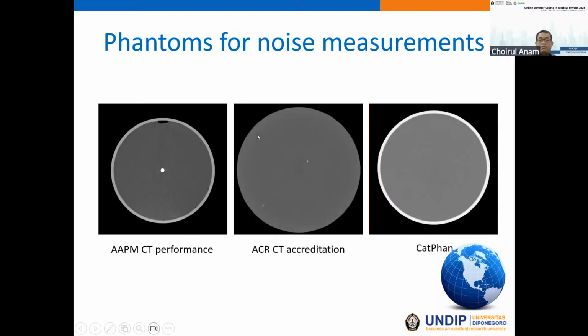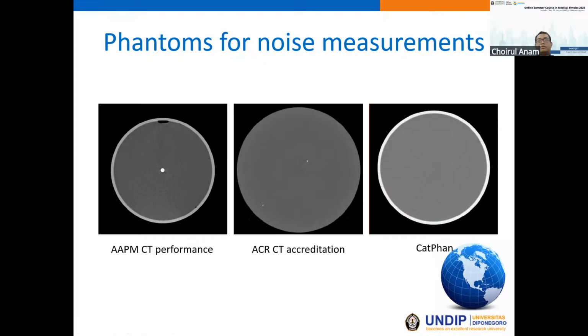And for measuring the noise, we should have phantoms, or we can also measure on patient images. But the easiest way is to use a phantom, and we use a homogeneous phantom. As already mentioned, this is an example of three homogeneous images from three phantoms: the AAPM phantom, the OCR phantom, and the CatPhan phantom.